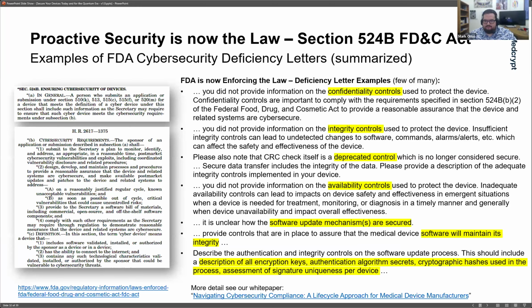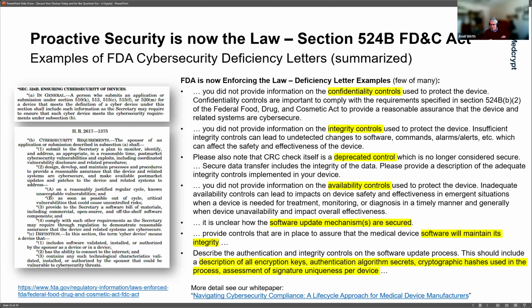Just tying the CBOM discussion back to FDA. What you see on the screen here are actual deficiency letters that medical device manufacturers have received from the FDA that relate to cryptography.